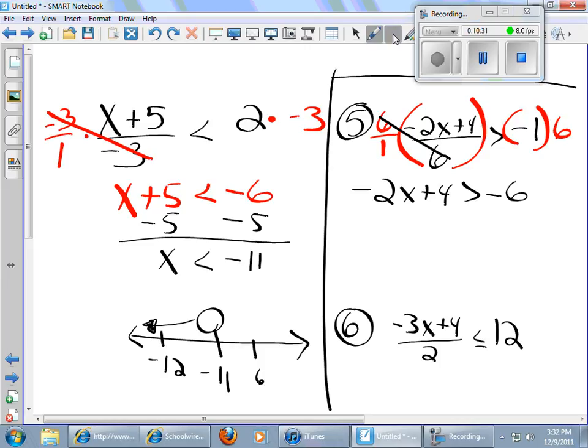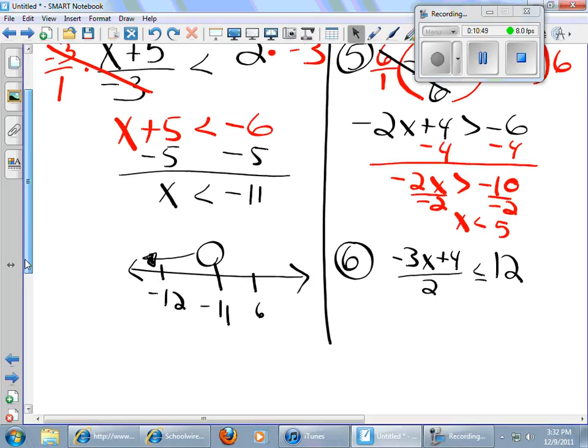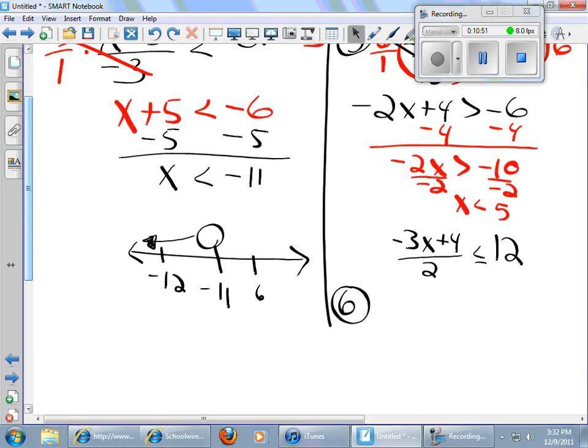Getting a little ahead of myself. I'm going to subtract 4 from each side. I'm going to get negative 2x is going to be greater than negative 10. Divide by negative 2. X is going to be less than 5. How do I know? Because when I multiply or divide by a negative, I have to flip the symbol. The inequality must change direction.